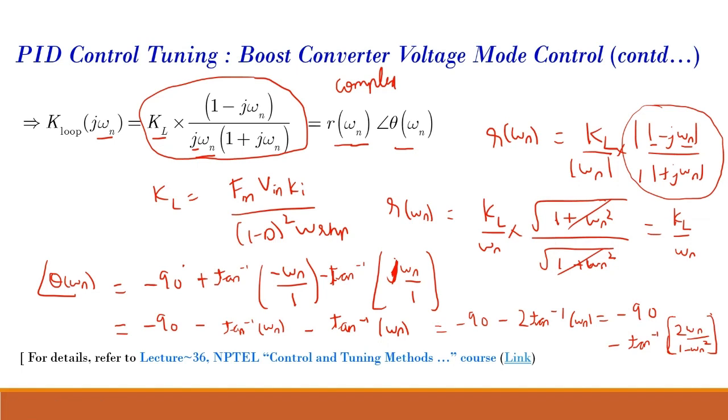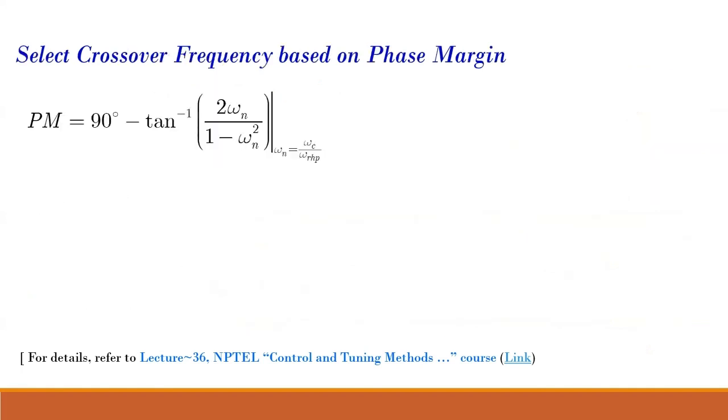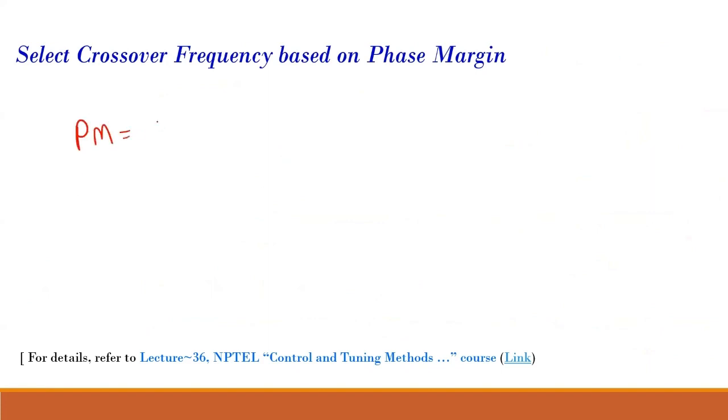So this is how I represent this complex quantity, into a real part and an imaginary part, into a polar form with the magnitude as well as the phase angle. Now, if I want to find the phase margin, phase margin is given by 180 plus my angle.